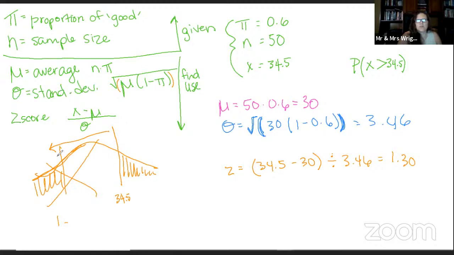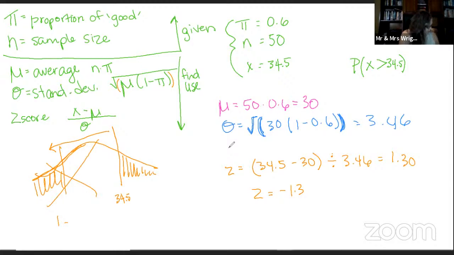In this case, z is negative 1.3. Instead of looking up z is 1.3 and then doing 1 minus whatever I found, I'm just going to look up z equals negative 1.3. The book is always telling me what's to the left, but I really want what's to the right. So if I want what's to the right, I'm going to look up the opposite of my z-score.